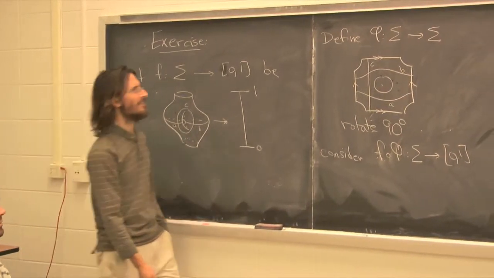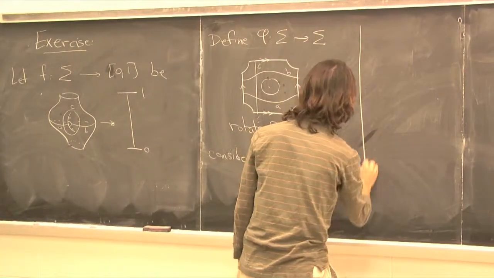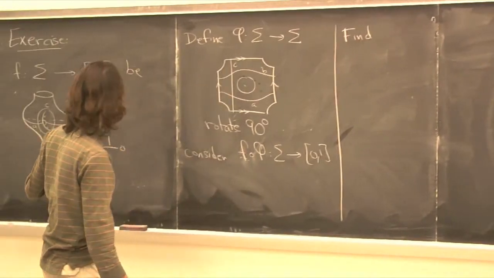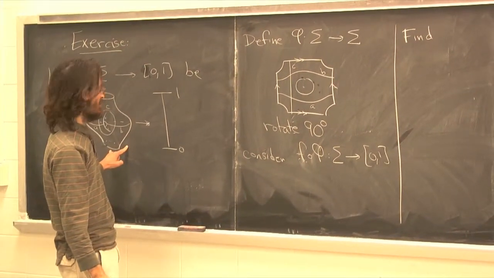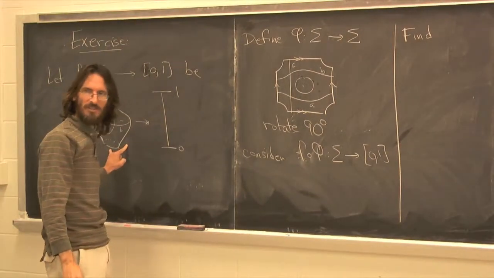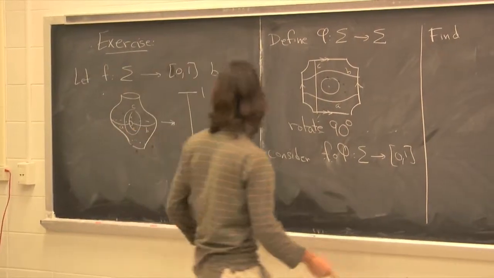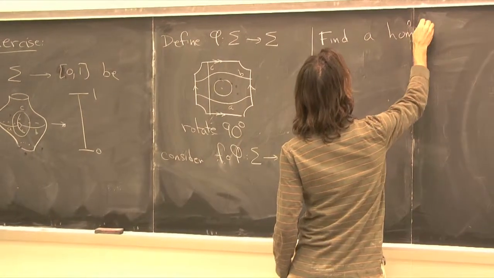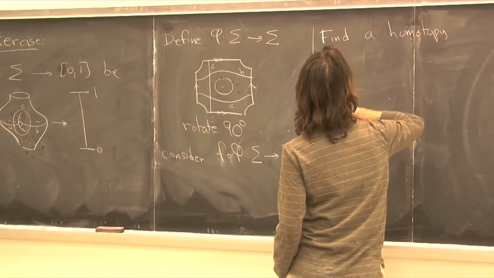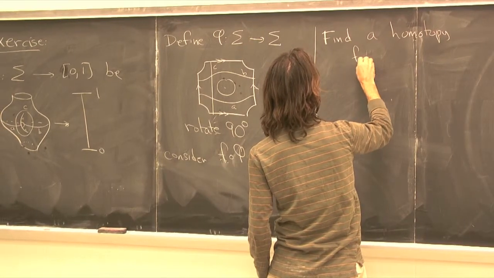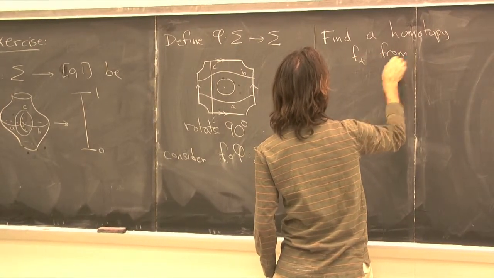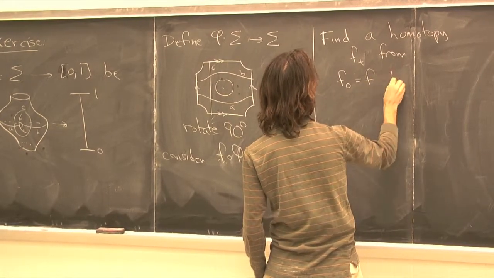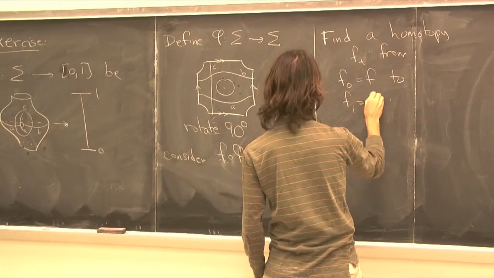And so now the question is, fine. So these are two different Morse functions from sigma, and I want to find a homotopy f_t from f_0, which is the original f, to f_1, which is this f composed with phi.